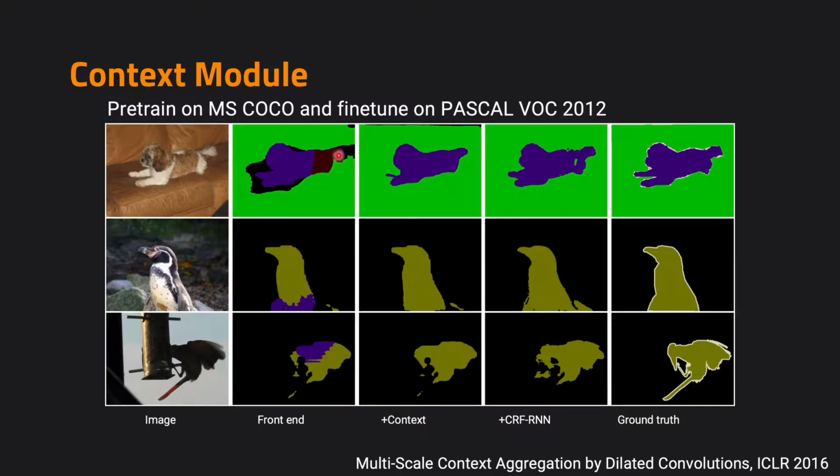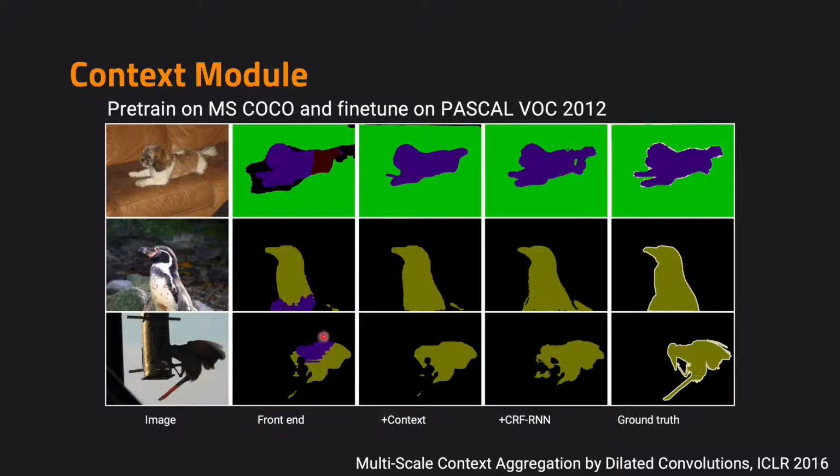Therefore, the network, based on some dataset bias, tries to classify this part as part of a cat. And when we apply the context module, we can segment the whole object coherently and avoid those errors due to lack of context. It's the same for this animal and also for this bird.